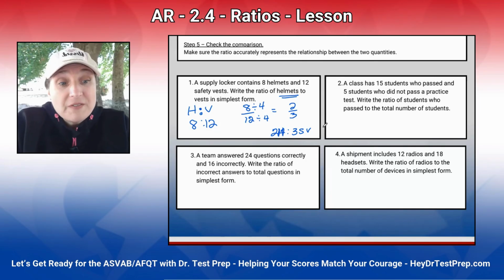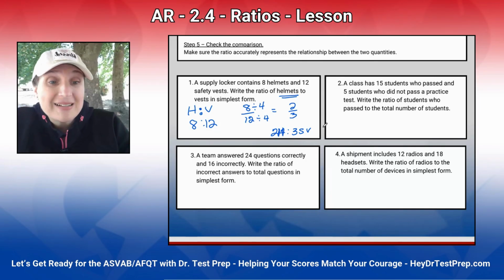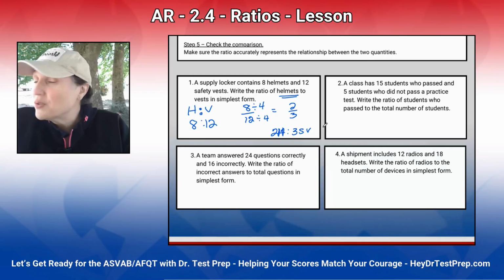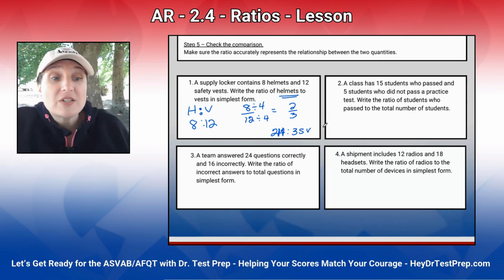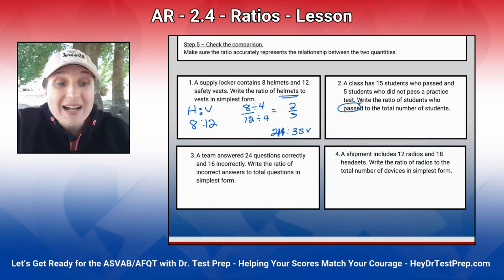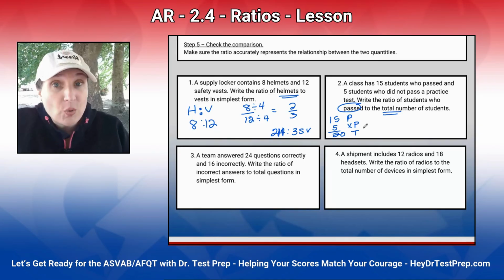All right, a class has 15 students who passed and 5 students who did not pass, and it wants to know the ratio of who passed to the total number. So we know that we have 15 who passed, 5 who did not pass, and if we add them up, we have 20 total.